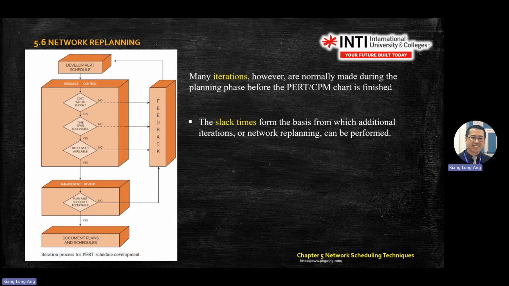If you cannot pass the management review, you need to go back for feedback, then go back to your schedule, then look back at resource control. Resource here, you look at cost, time, and resources. It still remains the project management success definition. You need to meet cost, time, quality, and customer requirement. These four.